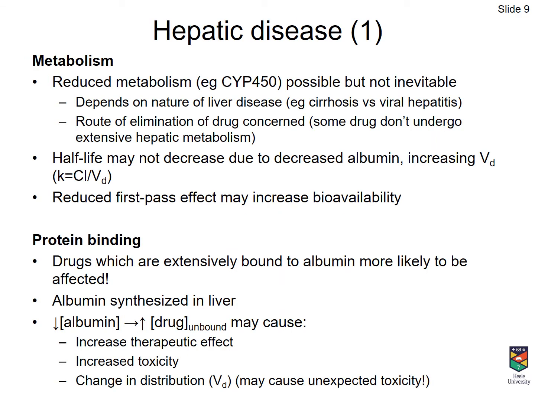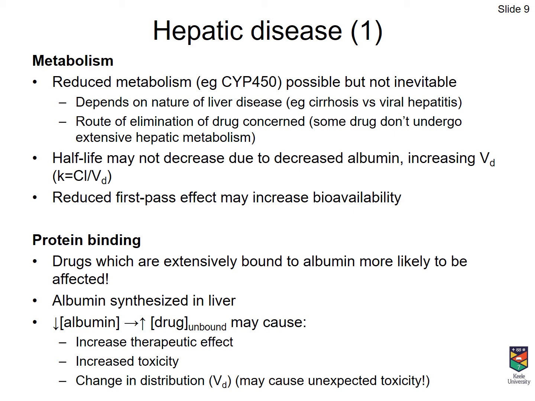So let's now look at the effect of hepatic disease on drug elimination. Now, one thing you might think automatically is that if a patient has liver disease, the rate of metabolism of the drug is going to be reduced. But that's not necessarily the case, because don't forget that some drugs don't undergo extensive liver metabolism.